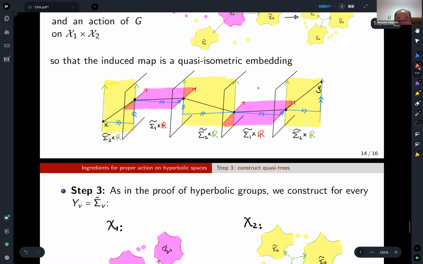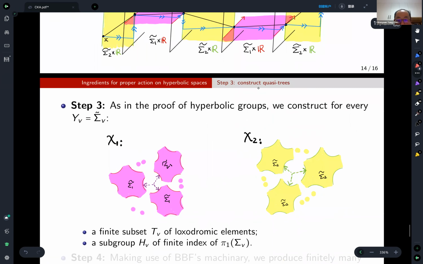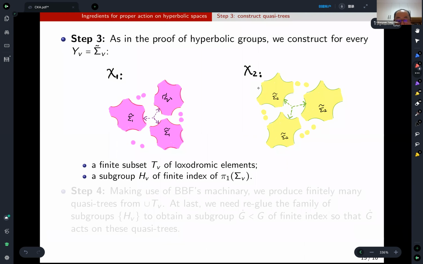Finally, we want to improve the hyperbolic spaces to quasi-trees, because quasi-trees have more good properties than general hyperbolic spaces. This follows an argument of Bestvina, Bromberg, and Fujiwara, as in their proof for hyperbolic groups.